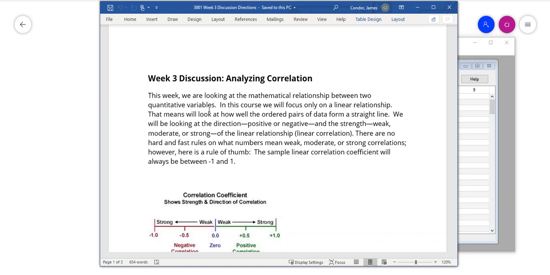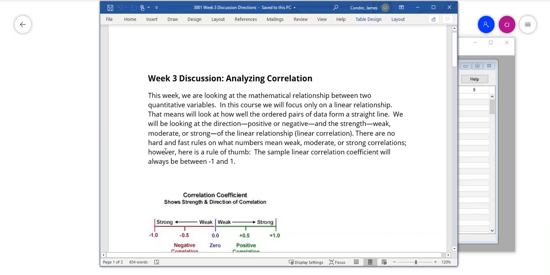So we have a correlation coefficient, and it describes the strength of the relationship and whether the relationship is positive or negative. So you can have a strong positive linear correlation, you can have a strong negative linear correlation. And so again, we're just going to look at the direction of the points, like slope of a line in algebra.